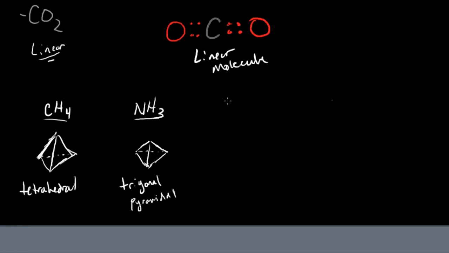Then we had H2O or OH2, depending on if we're keeping our pattern here. This is going to be, okay. Unfortunately, we don't call it triangular. Okay, we call it bent.